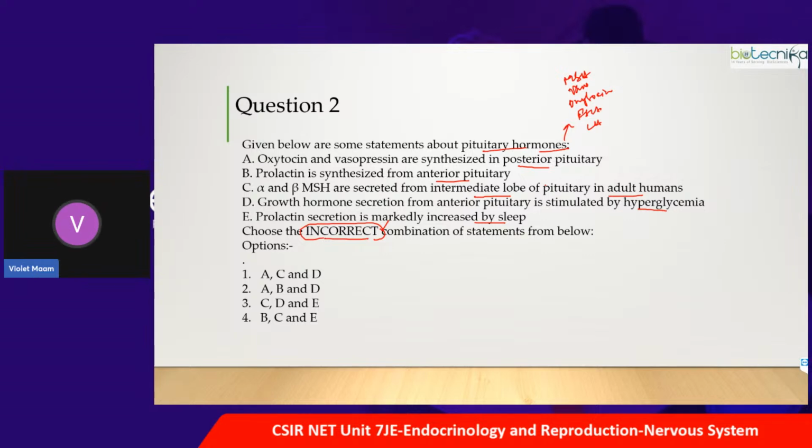So many of you are answering, but the answer is not correct. Try again, students. You have to find the incorrect ones. Okay, Karen is correct. Absolutely, very good. You come with good preparation.